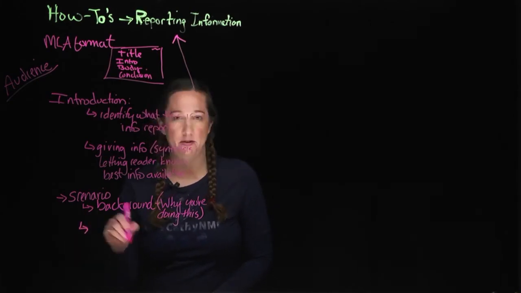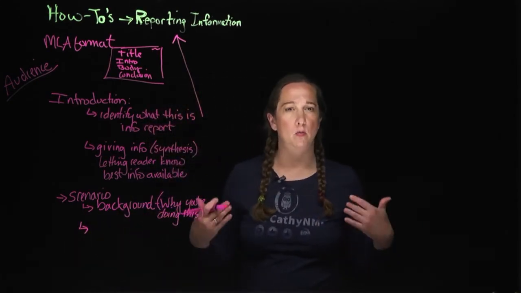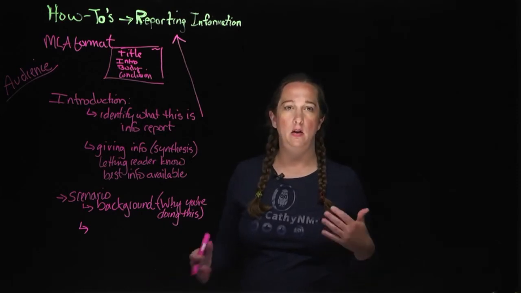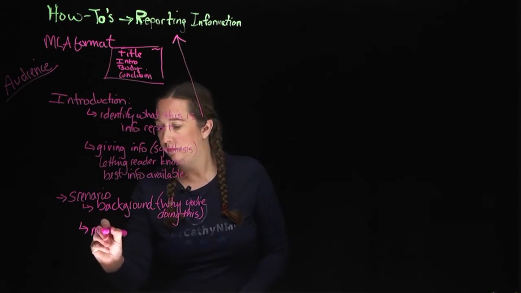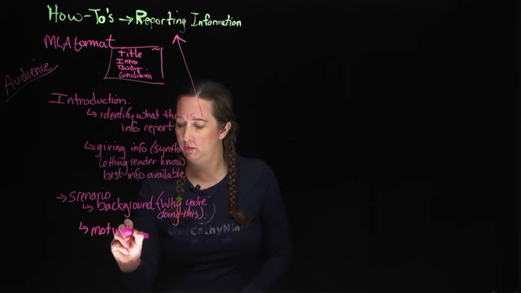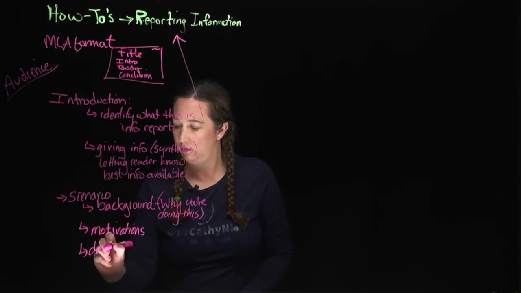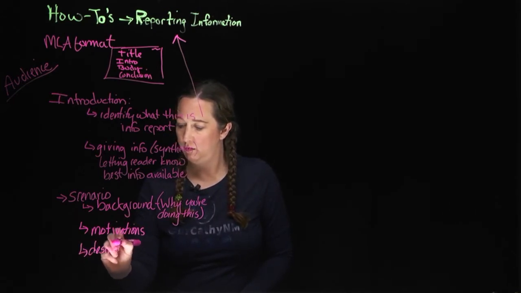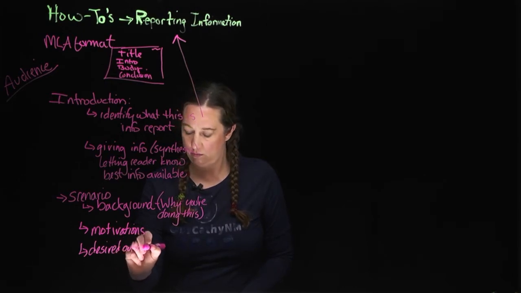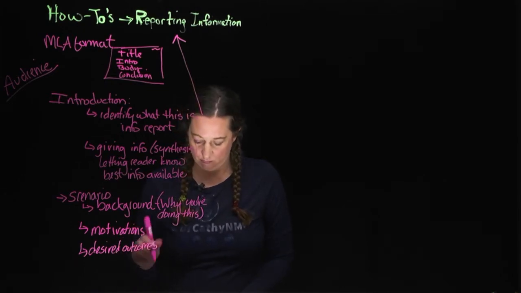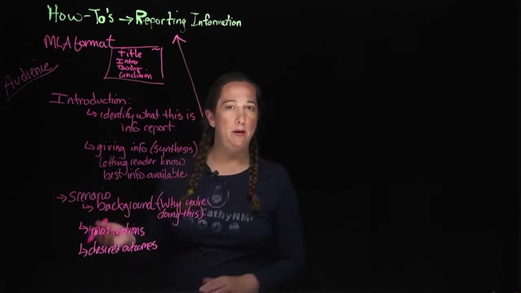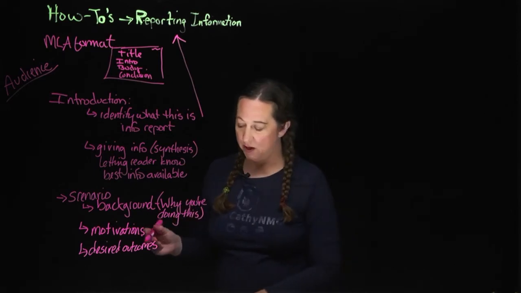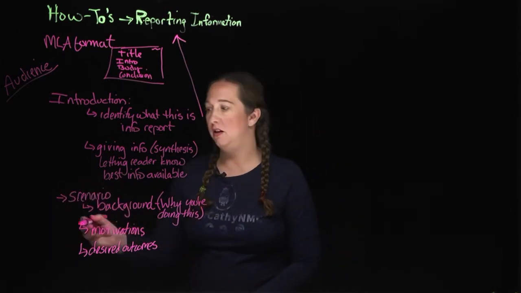It also is going to help us understand, as you, the author, what your motivations are and the audience and your desired outcomes from this project. Now, if we're flipping back to our rhetorical situation, a lot of this right here, we're falling into the context.